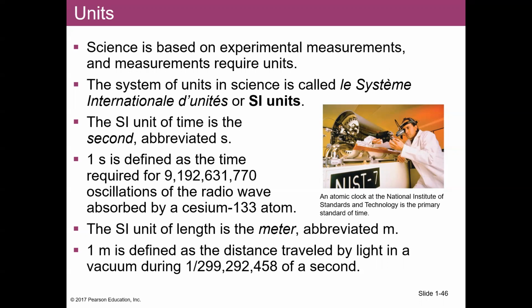Well, what's a second? It's the number of wavelengths, which is a unit of length, absorbed by an atom, given that light travels at a fixed speed. So it's weird to think about, but the modern definitions of time and length are both related to the fact that the speed of light is constant. We'll talk more about that in due time.